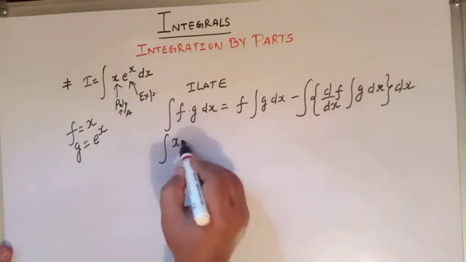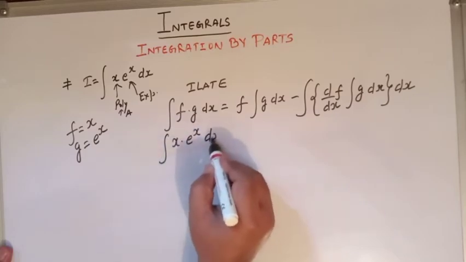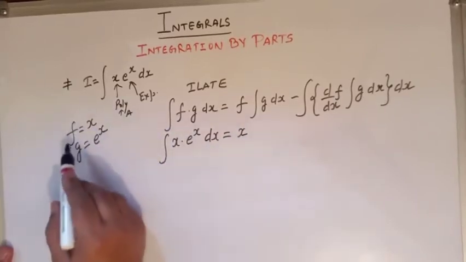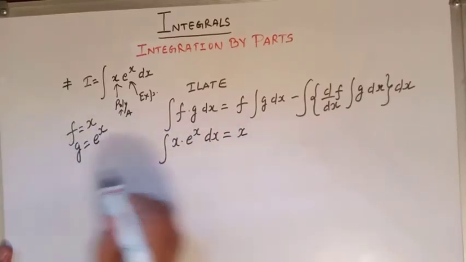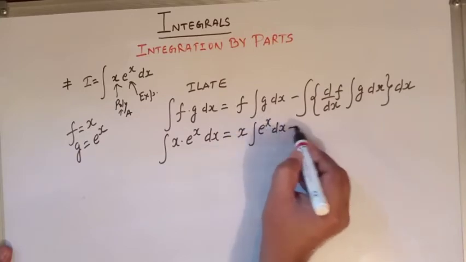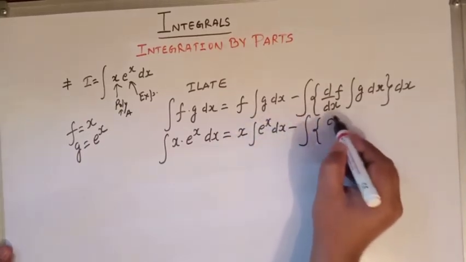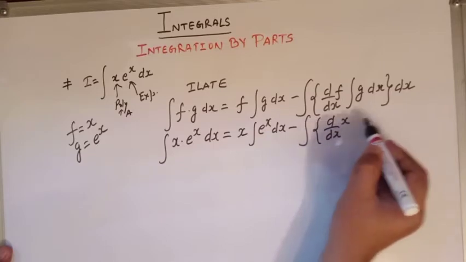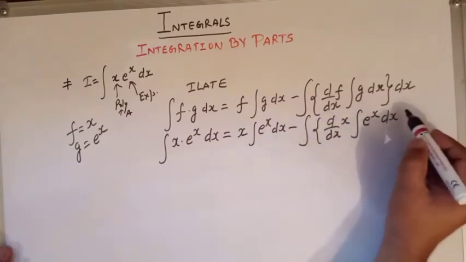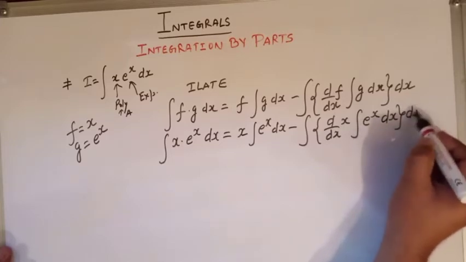So the integral of x e raised to x dx is equal to, we'll simply substitute the values of f and g here, x times the integral of e raised to x dx, minus the integral of the derivative of x times the integral of e raised to x dx, and here we have dx.